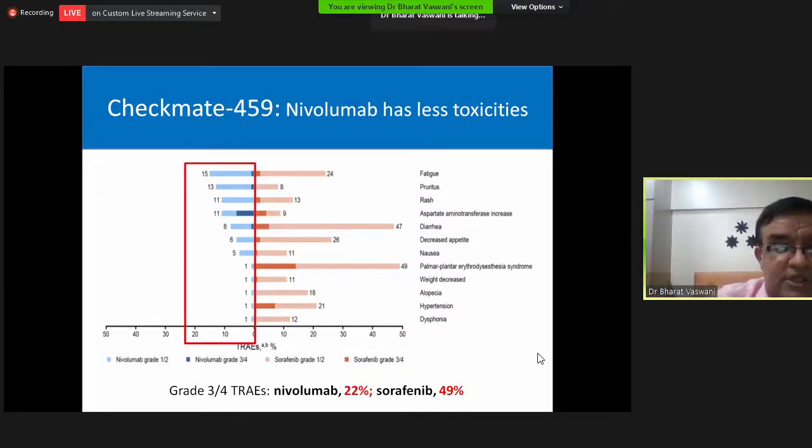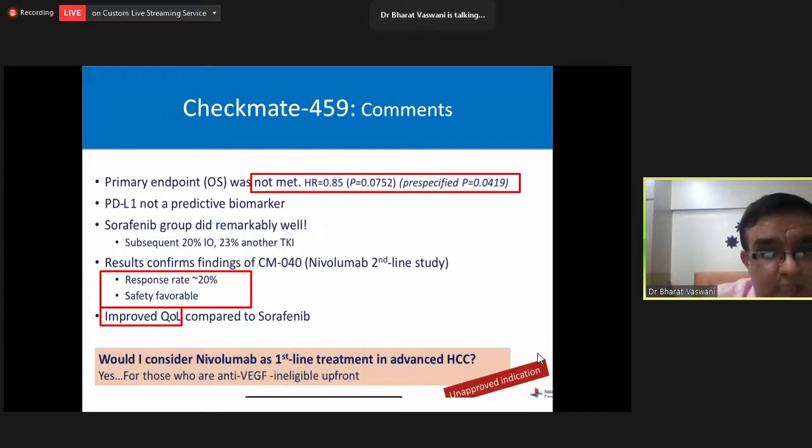Toxicity, the least among all, only 22% grade 3-4 toxicity as against Sorafenib, which was 49%. So a safer drug. So I may use immunotherapy because I may get good responses, I may get the least toxicity, and I am particularly interested in my tail of the curve, which is one of the best we have seen in the recent past.